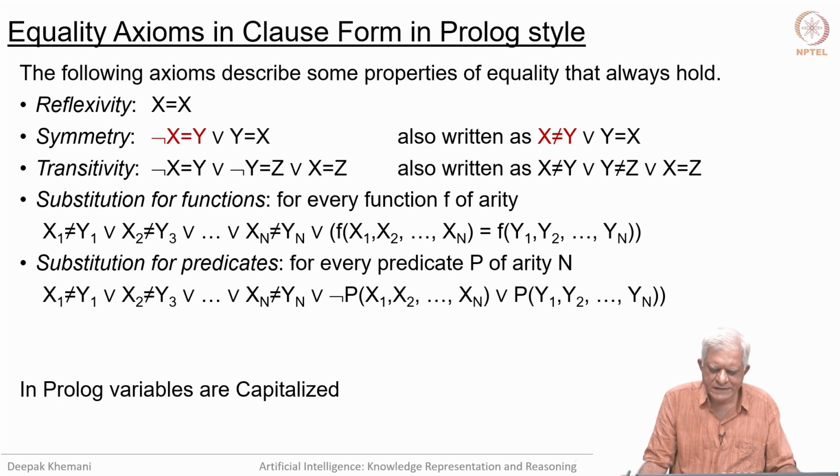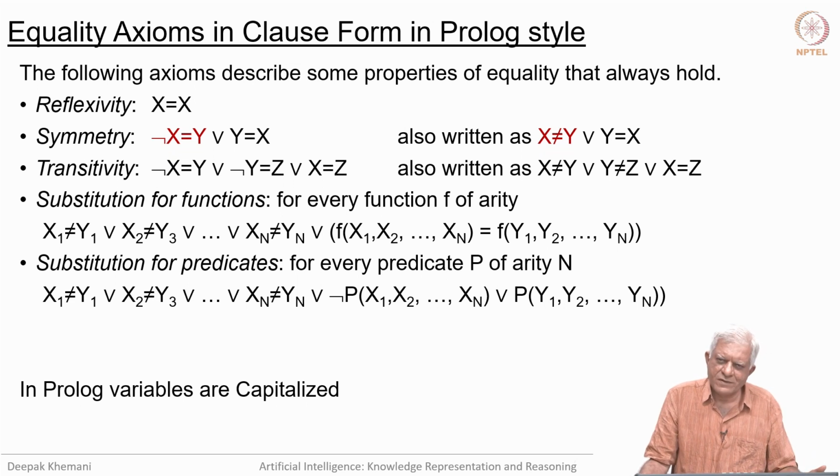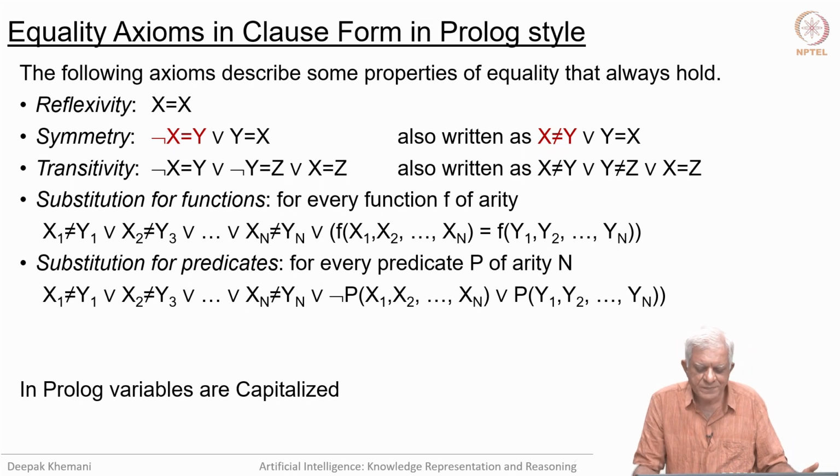Here is just another version of the same thing, and I have done this simply because sometimes this is more legible than with all those question marks hanging around. This is in Prolog style. In Prolog, all variable names are capitalized, all constants are in lower case, and we will look at Prolog a little bit later in this course.